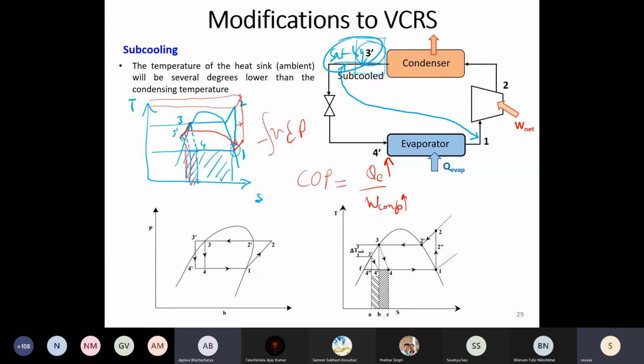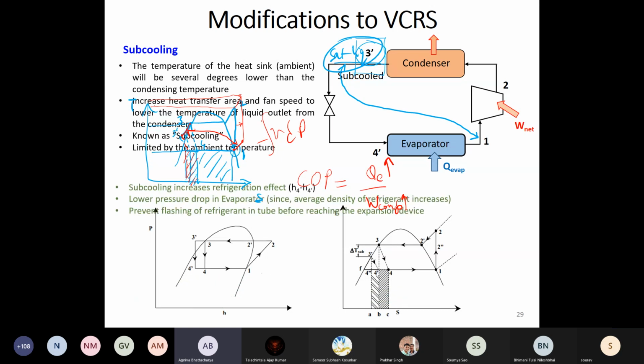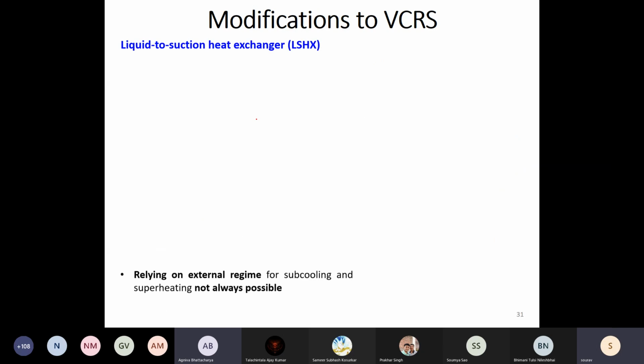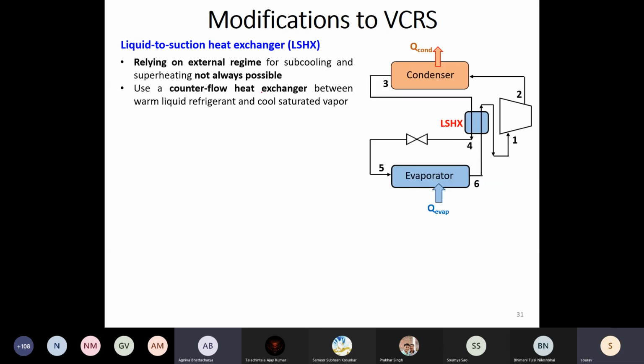So this heat exchanger is called the liquid to suction heat exchanger. Now this is the modification that we are looking at.